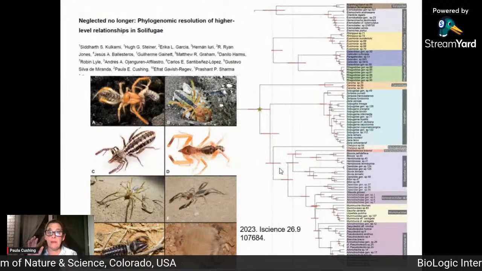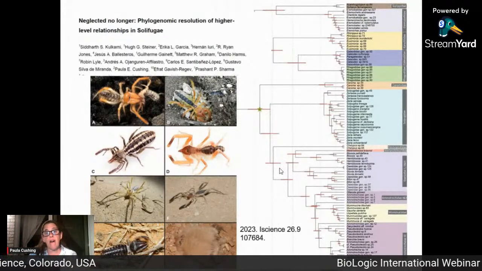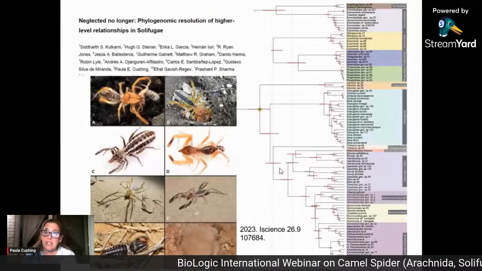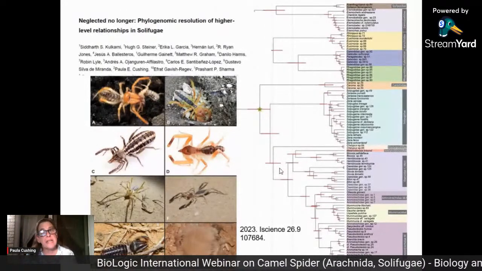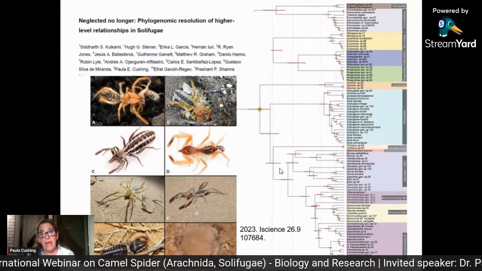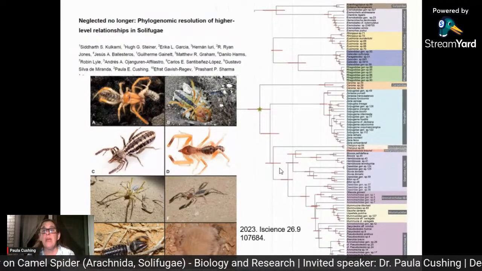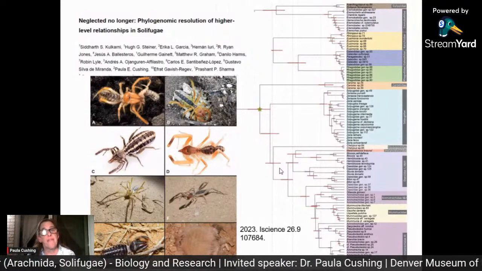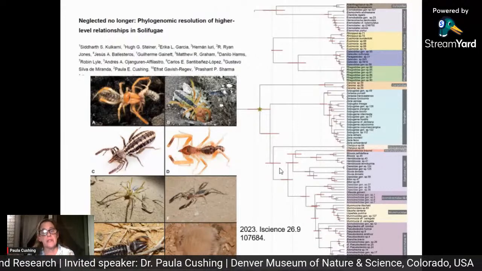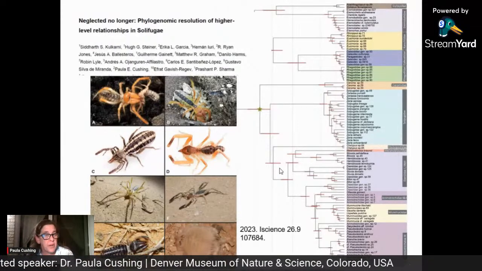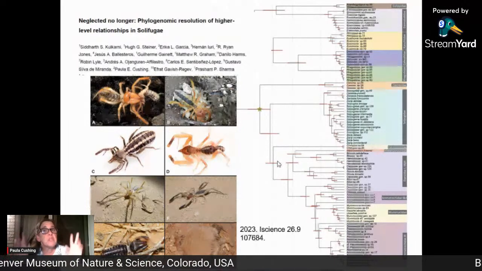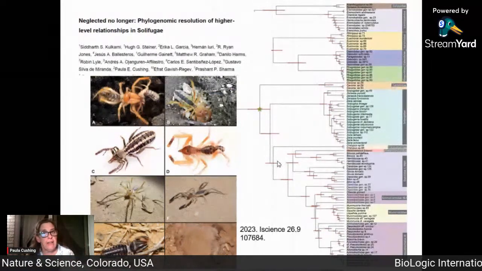So what Siddharth and Prashant Sharma did is they used next generation sequencing DNA technology to explore the phylogeny, the evolutionary relationship among the 12 different families in the order Solifugae to see how the different families were related to one another and to test whether each of the families was a good family, a monophyletic family.